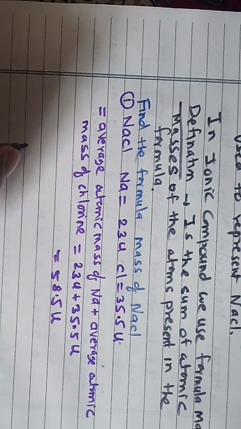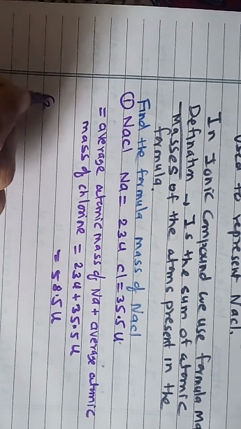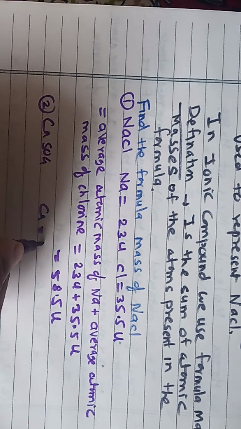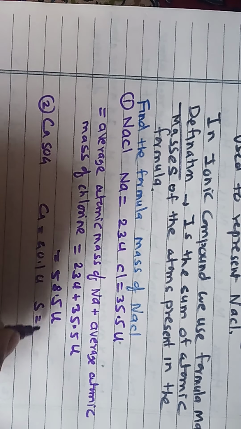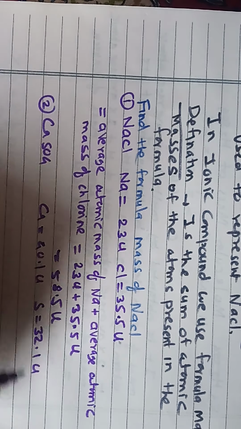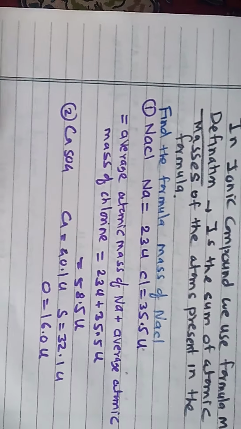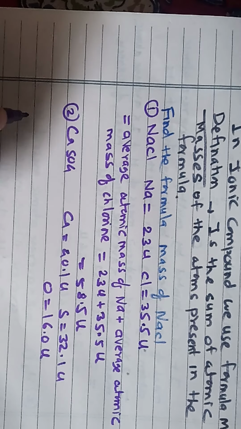Similarly, consider calcium sulfate. Calcium has an atomic mass of 40.1 u, sulfur 32.1 u, and oxygen 16.0 u. Find the formula mass of calcium sulfate.